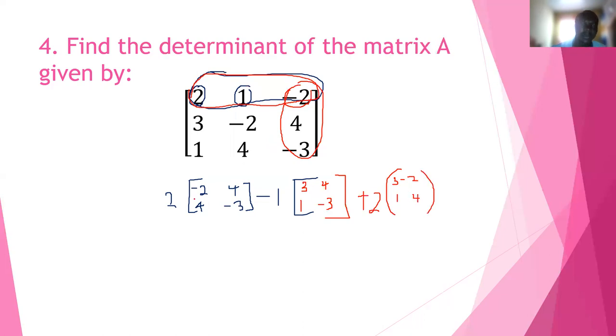So let's get the determinant in each. So the determinant, that is this one, the main diagonal minus minor 1.